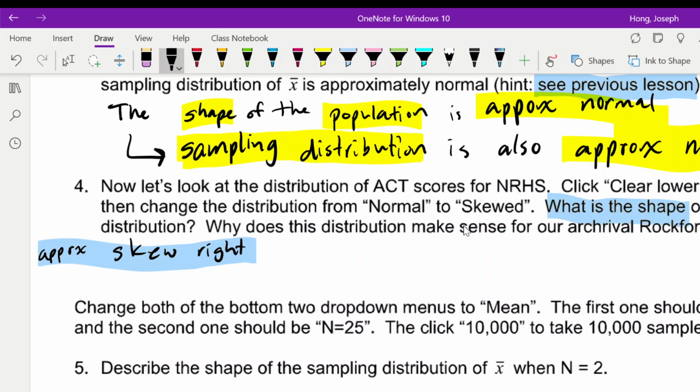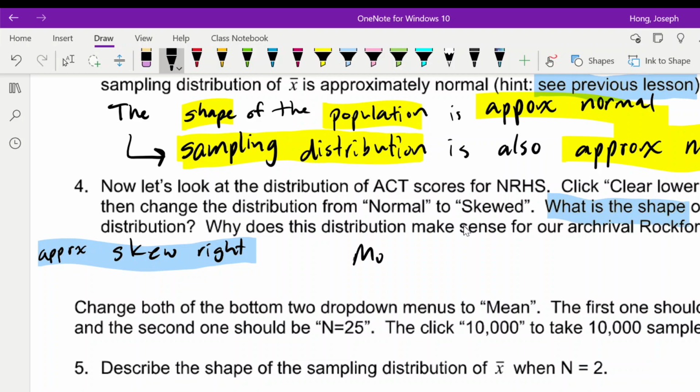So why does this distribution make sense for our arch rival? Based off of the context here, well, I didn't really do a good job telling you the context, but in Rockford, a lot of people did bad.